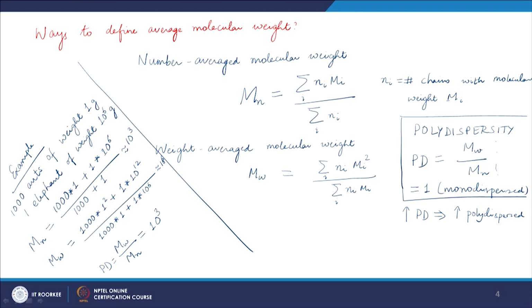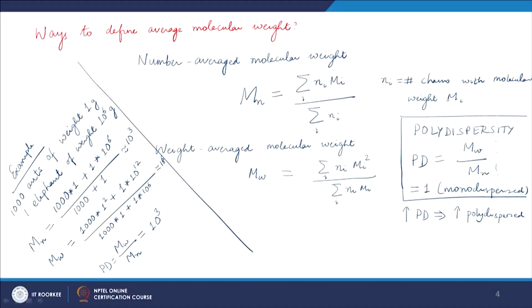Okay. So, now you start thinking of, instead of an elephant, if I place something like a cat which has a much lower weight, then of course the Mw will fall down, of course the PD will fall down, just because the weight difference between the species becomes smaller. If I replace elephants with, for example, a bee which has a weight comparable to the ant, in that case the polydispersity will be closer to 1.